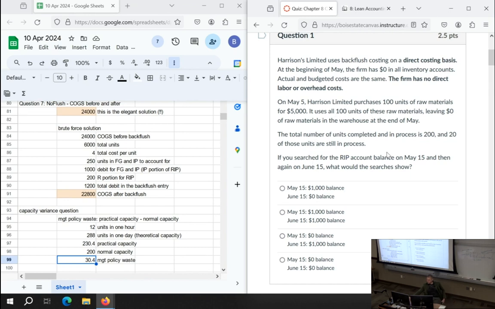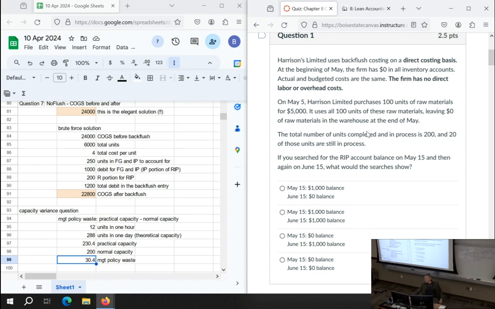Now, on June 15th, we'll have had that one backflush entry at the end of May, early days of June. We'll backflush costs from cost of goods sold, where they've been accumulated, over to RIP. Some of them will go over to RIP.